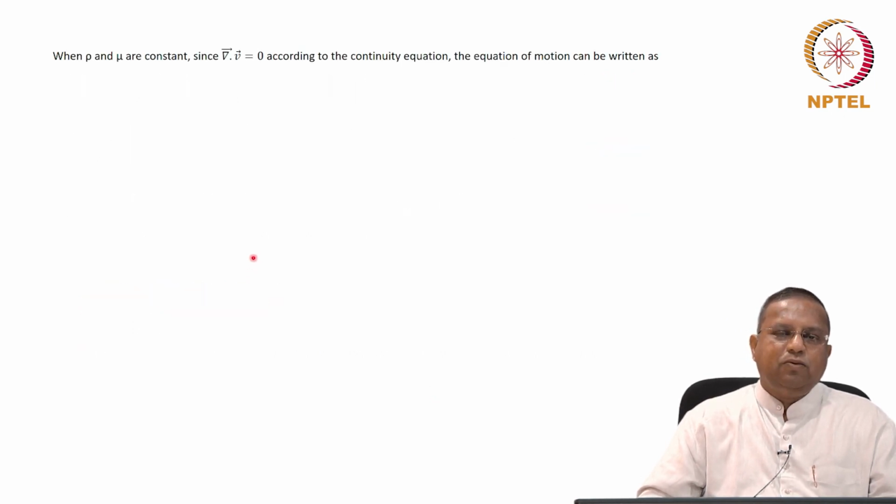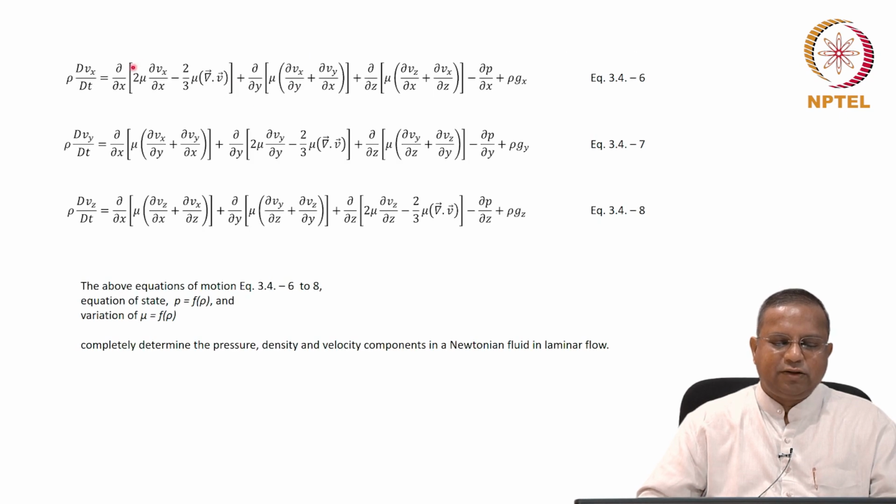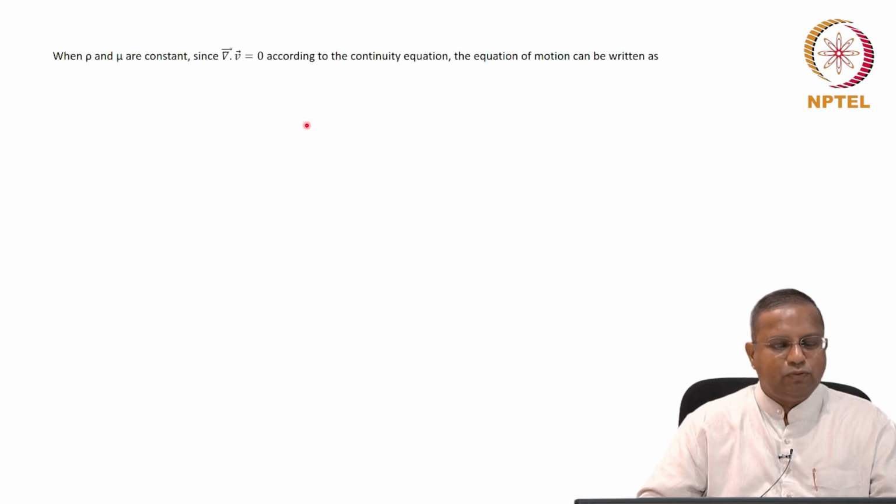Okay. Now, when rho and mu are constant, since the equation of continuity reduces in such a case to del dot v equals 0, the earlier equations that we had can get significantly simplified. Those equations are widely used. Constant rho and mu are quite commonly encountered in a flow of Newtonian fluid, and therefore let's do that.